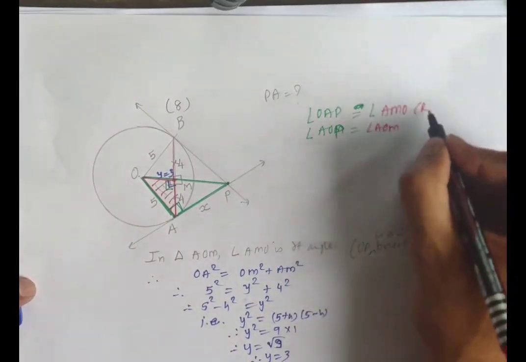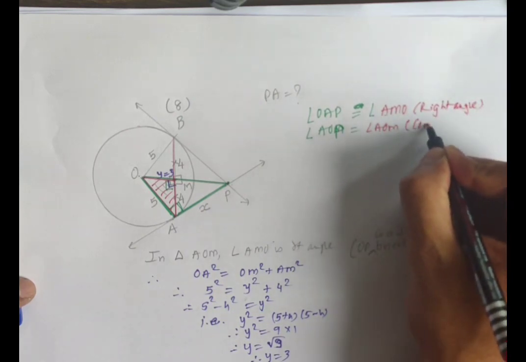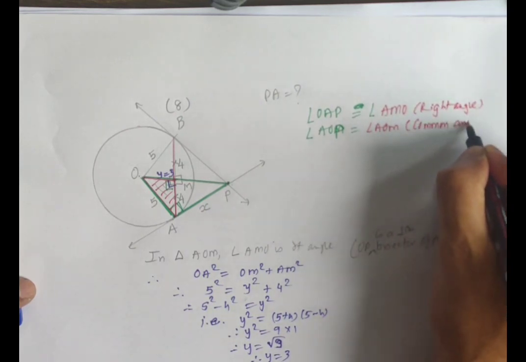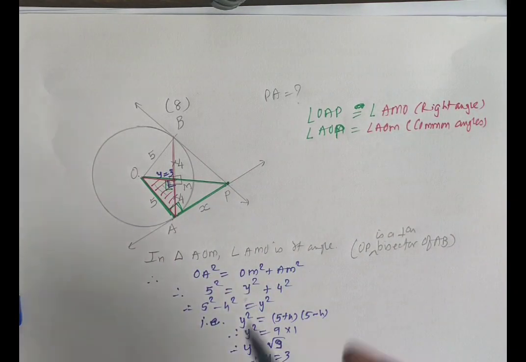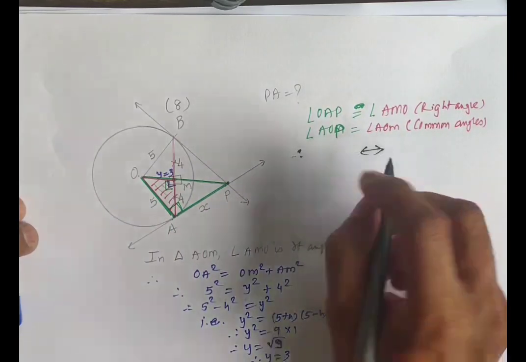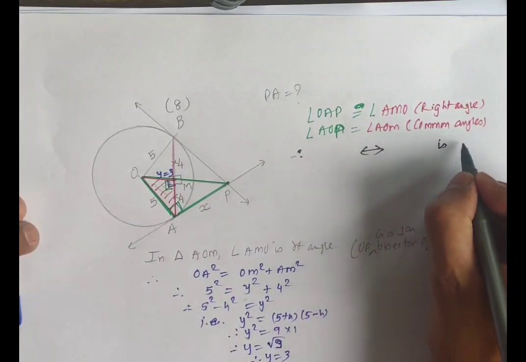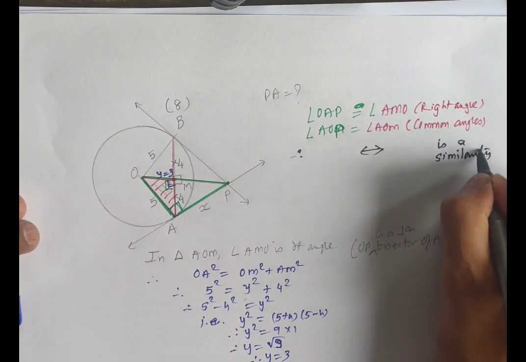Here the reason is right angles and here the reason is common angles. Correct, children? So therefore we write the correspondence directly. Green corresponds to red is a similarity, not congruence, a similarity by AA.